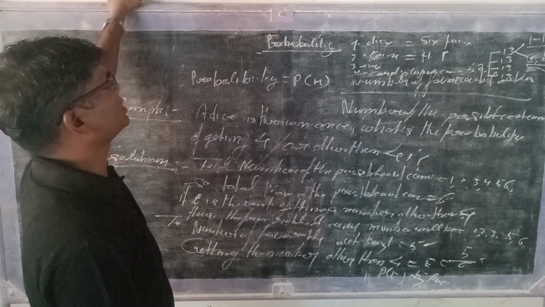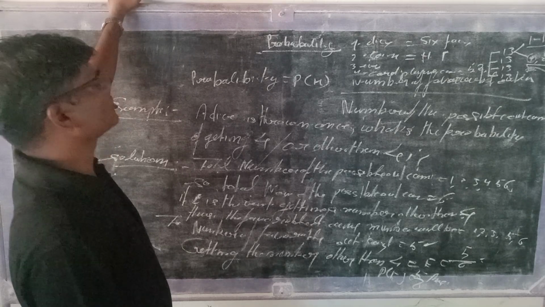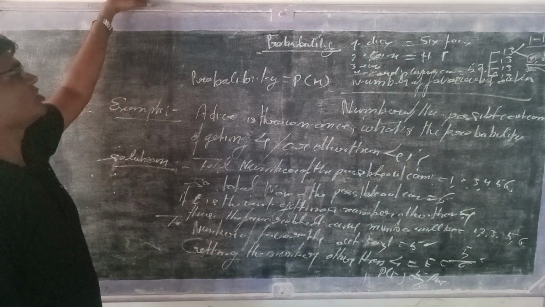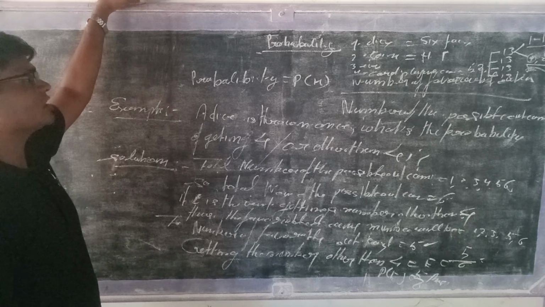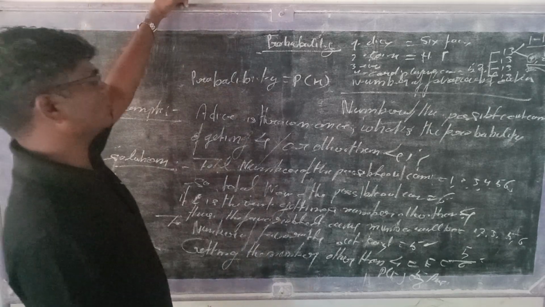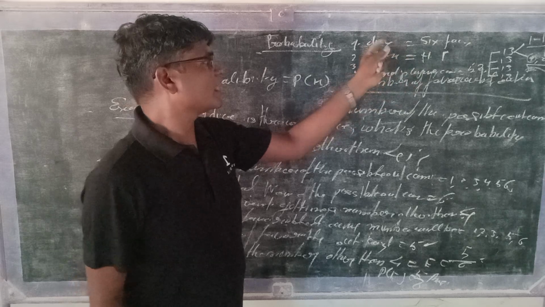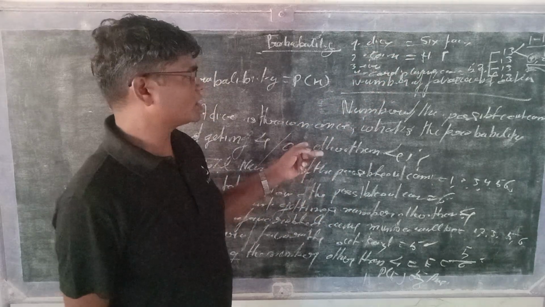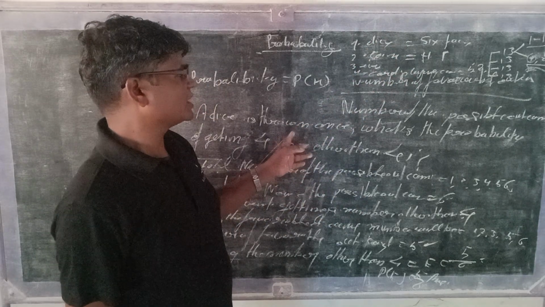So first is dice, second is coins, third is events, any events that happen. Coins have 2 parts, head and tails, and dice have 6 faces, 1, 2, 3, 4, 5, and 6.